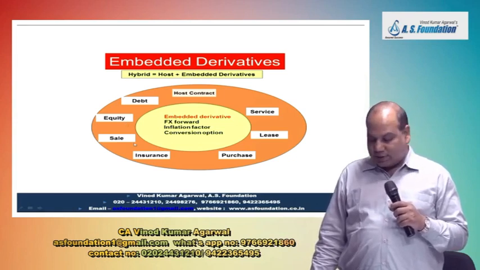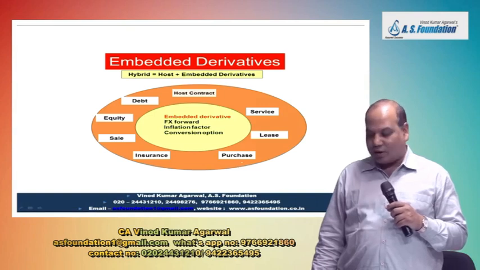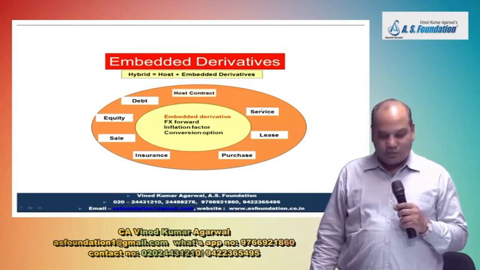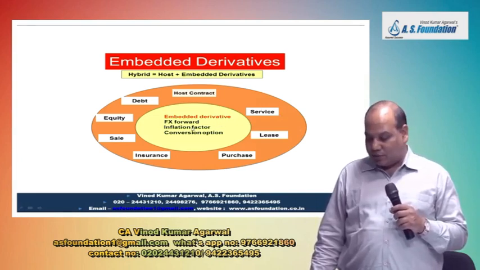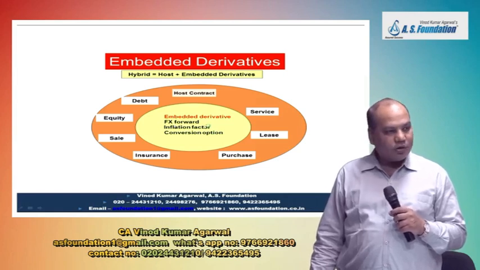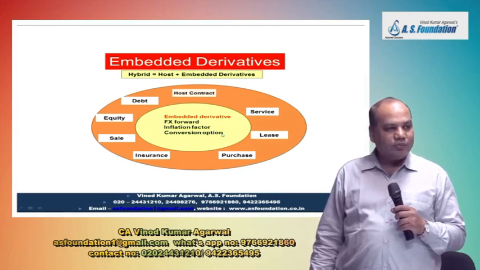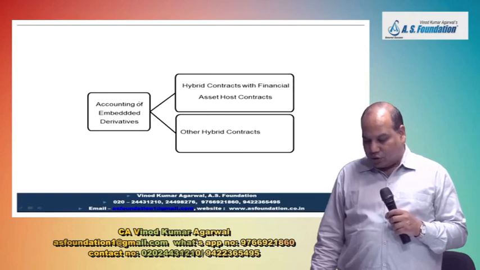Host contract can be sale contract, insurance contract, purchase contract, or a lease contract, or a service contract. And the derivative which can be embedded in this host contract can be a foreign exchange forward contract, an inflation factor, or a conversion option. Okay. So now we'll see the accounting.